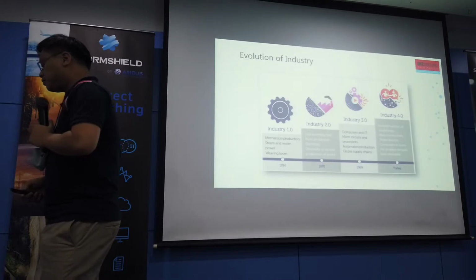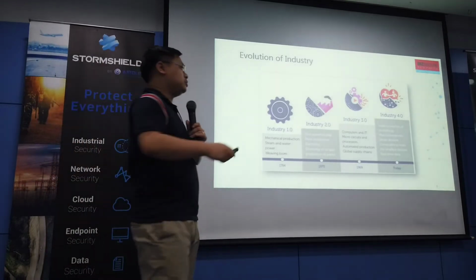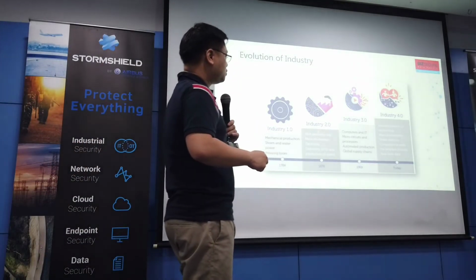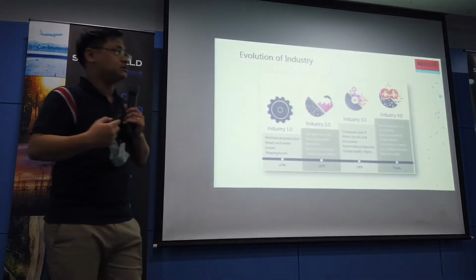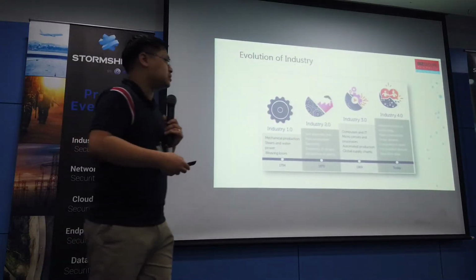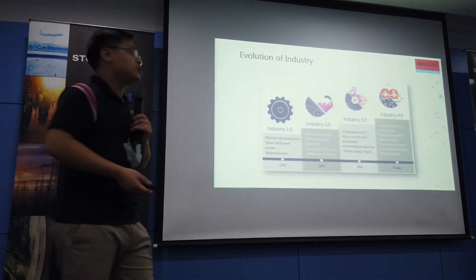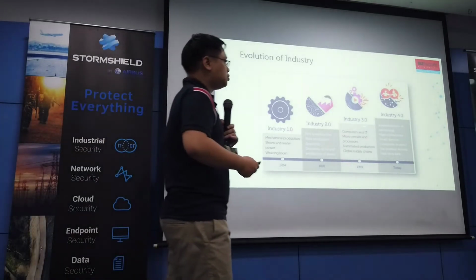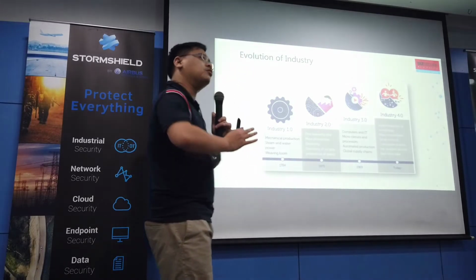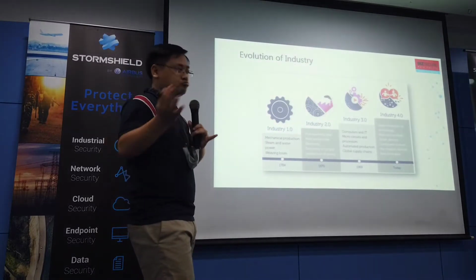For the transition from 2 to 3, it was easy in the sense that they added a new system, which was the computers. Computers in Industry 3.0. So it was a completely different technology.